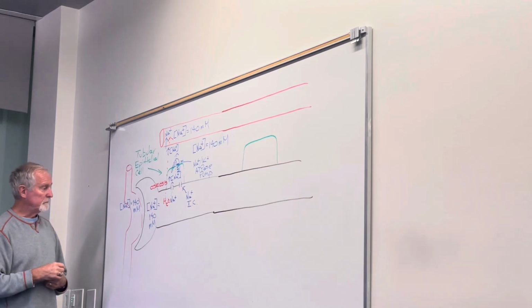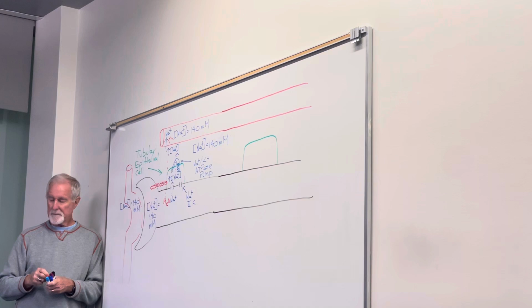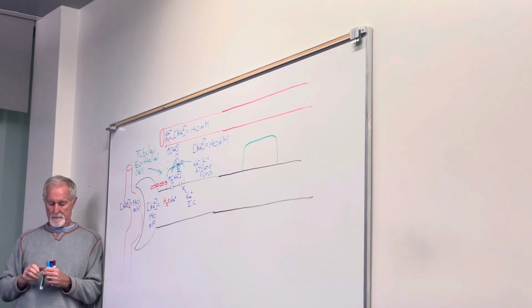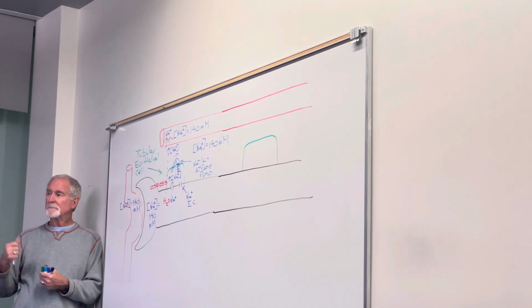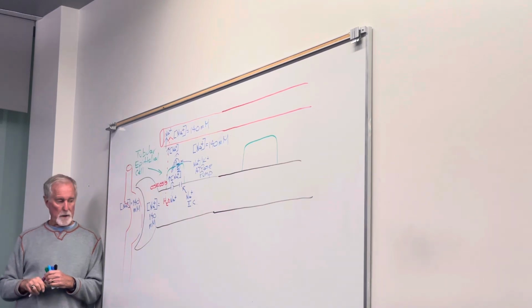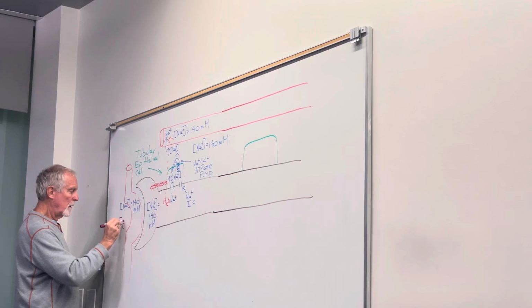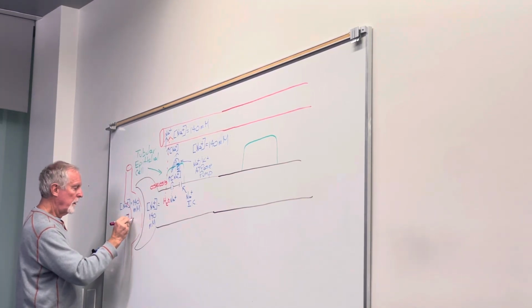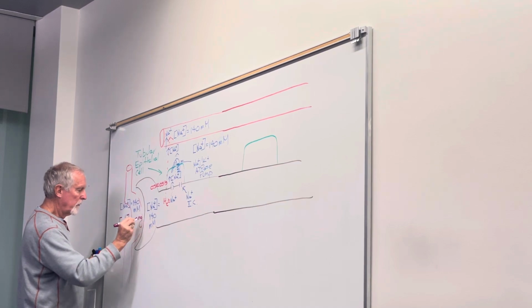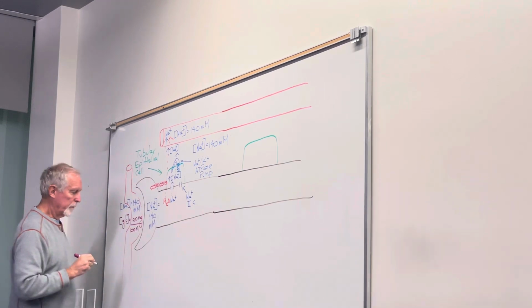Mr. Cow, what's the concentration of glucose here? 100 what? Milligram per deciliter. Very good, exactly right. So the concentration of glucose is 100 milligrams per 100 milliliters.